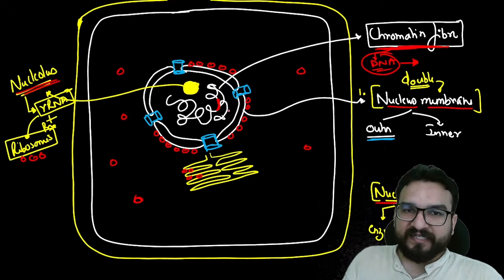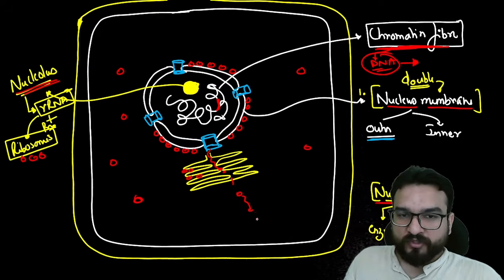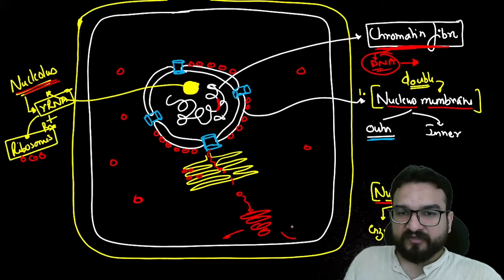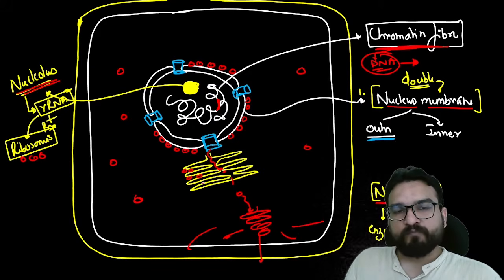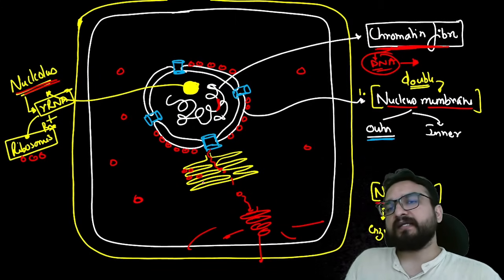It will be translated into protein with the help of these ribosomes, and it will be transported through the endoplasmic reticulum to the Golgi bodies, and then do their dedicated function, targeting wherever they want to move out or build some internal mechanism. I hope you are understanding this, guys.